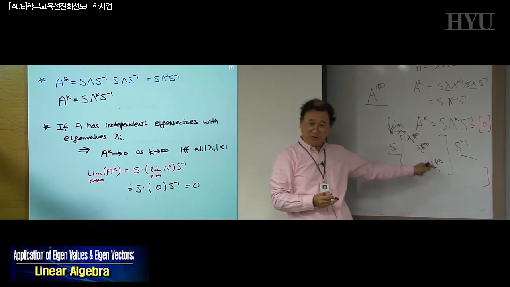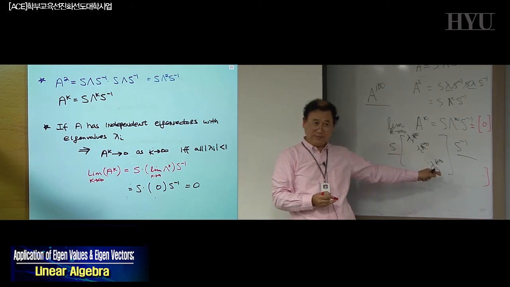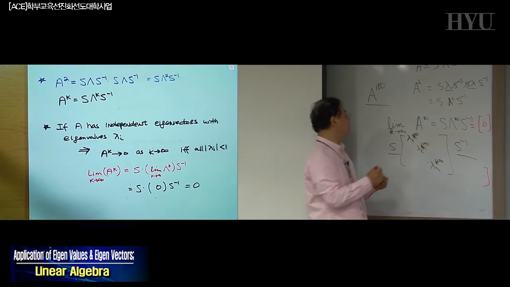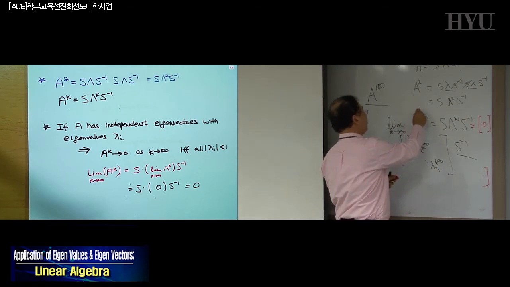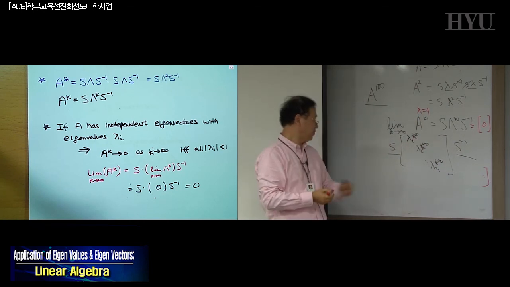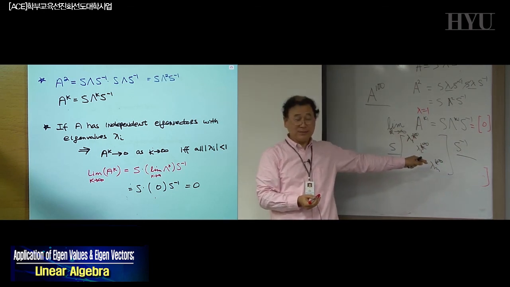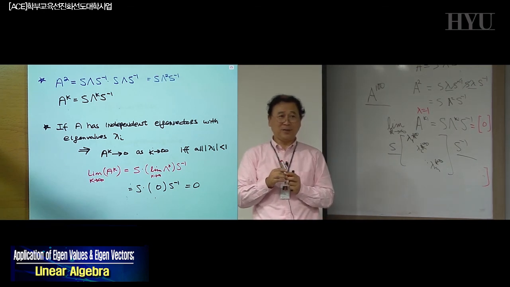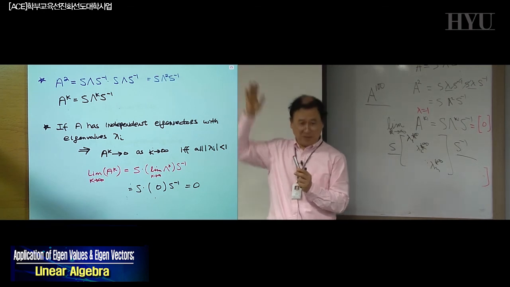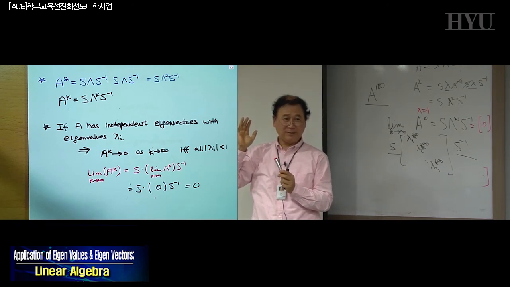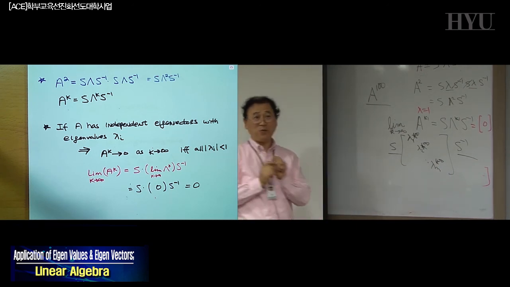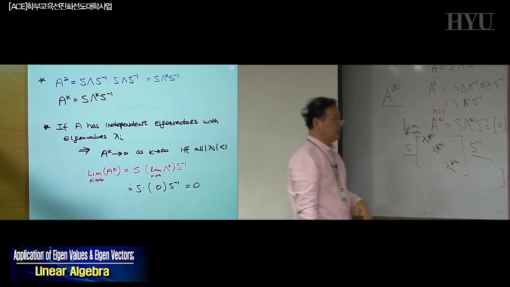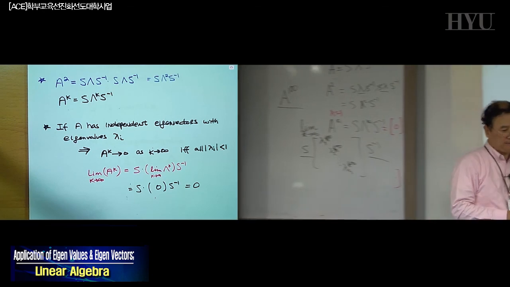Because all the values go to 0. 박한서, can you understand that? How about when lambda is 1? This is always 1, right? How about when lambda is greater than 1? This one will explode and go to infinity, right? So that's the property we're going to use. So try to understand what it really means.